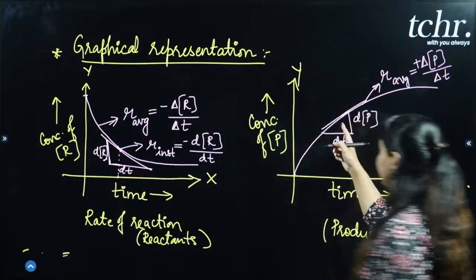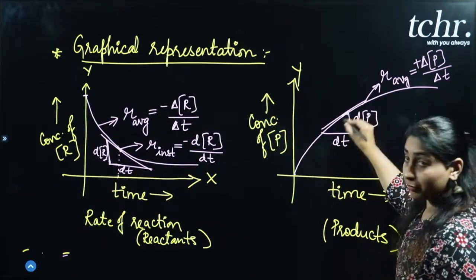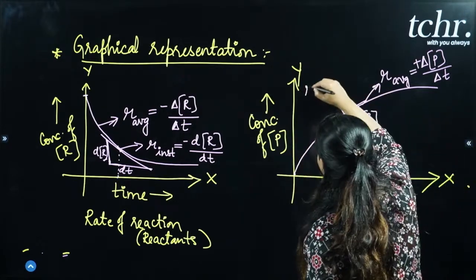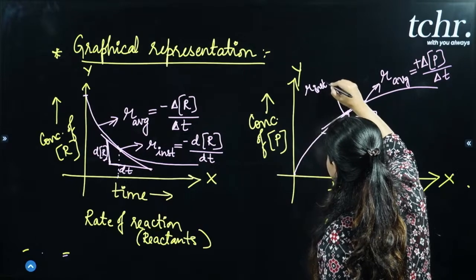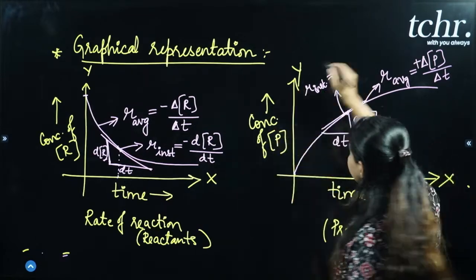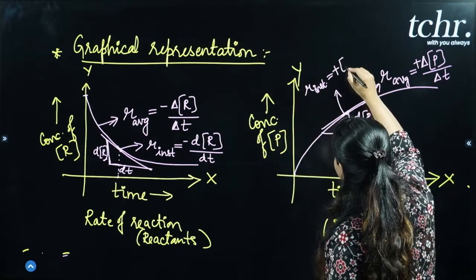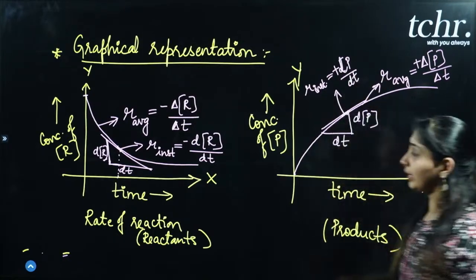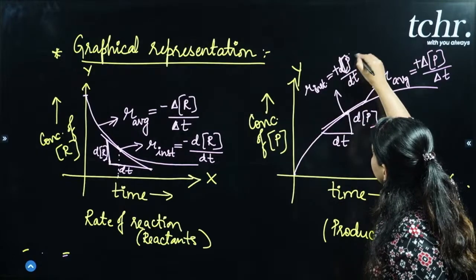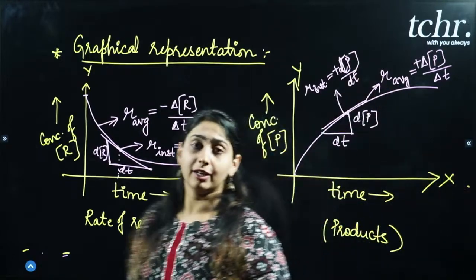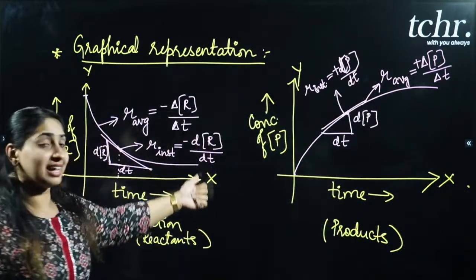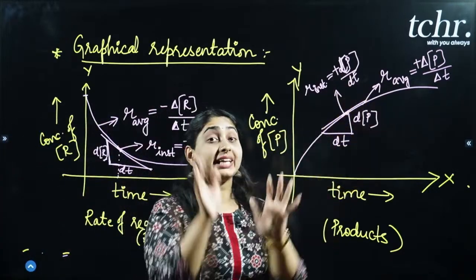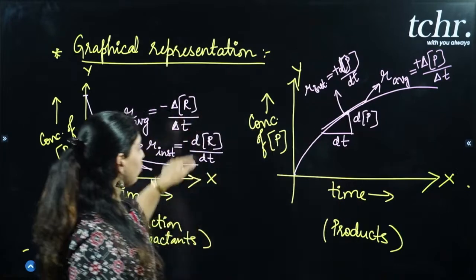In the same way here, at this particular point of time, R instantaneous rate would be equal to plus dp by dt. This is how we write the instantaneous rate of that particular reaction. So minus dr by dt or plus dp by dt gives you the instantaneous rates. So make a note of these two equations.